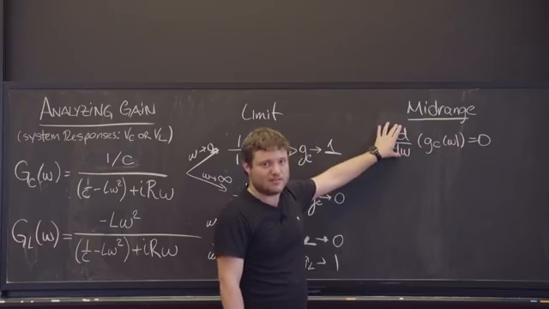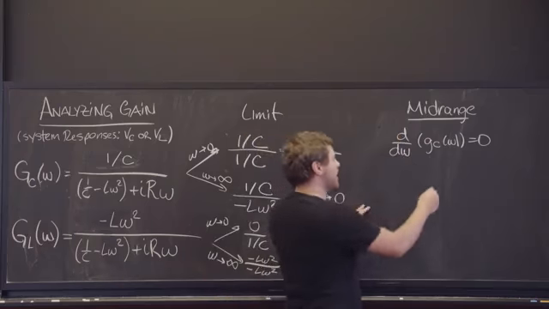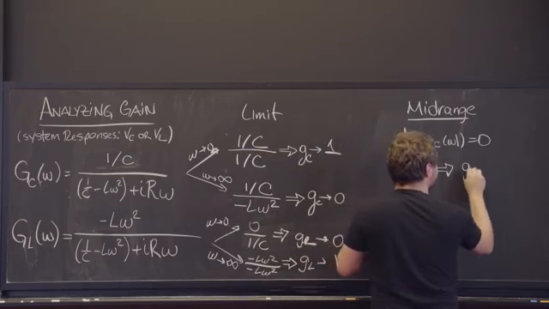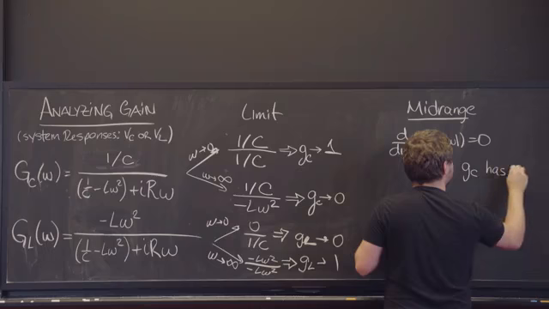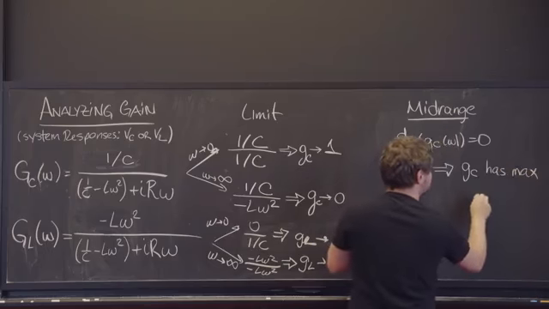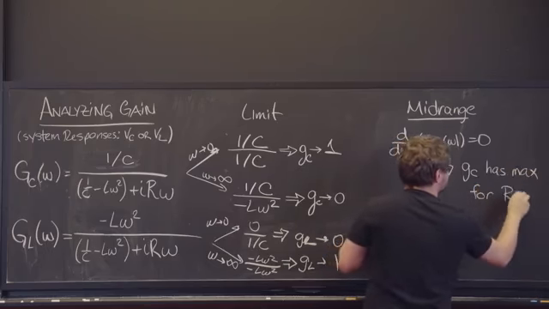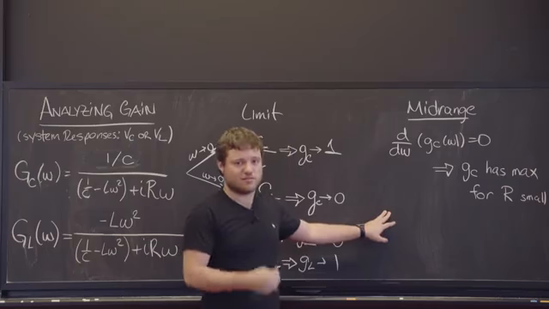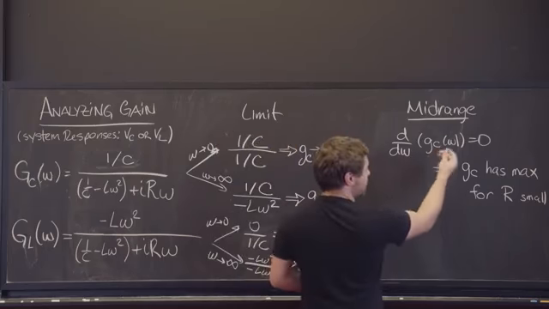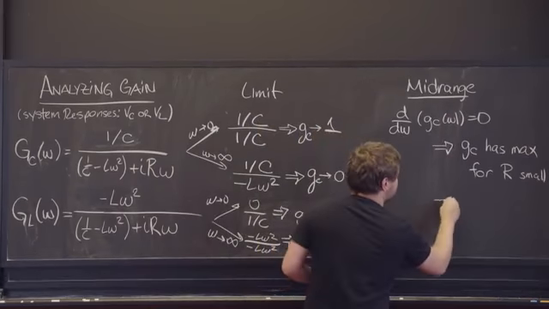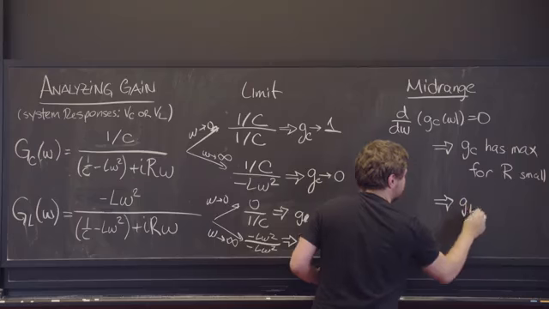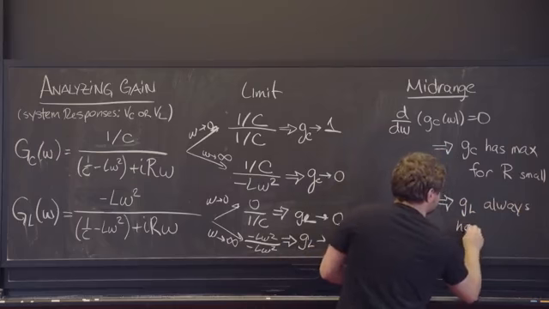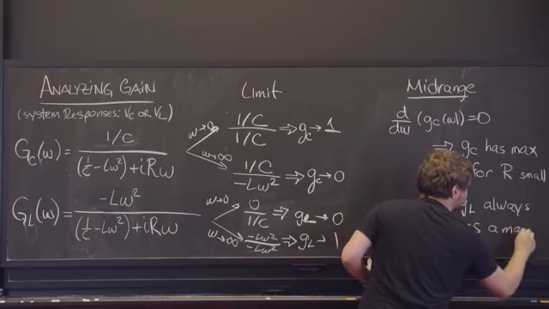The algebra behind this can be quite tricky, but it can be shown that GC has a maximum as long as R is small, so as long as the resistance of the system is small. We could do the same calculations for GL, but it can be shown that GL always has a maximum.